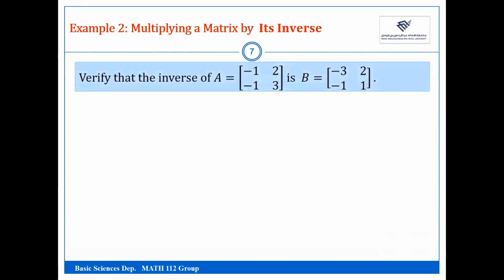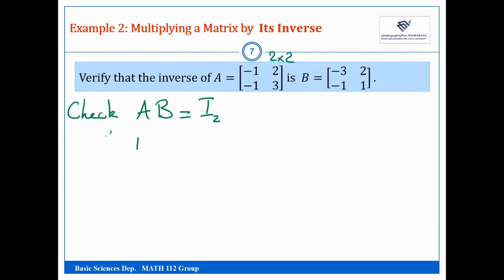The first case is when we have a candidate. It says verify, check that this matrix is non-singular, it has an inverse, and he proposed the candidate: its inverse is this matrix B. In this case, we have to check that if we multiply A by B, we get the identity of order 2, because A is of order 2.